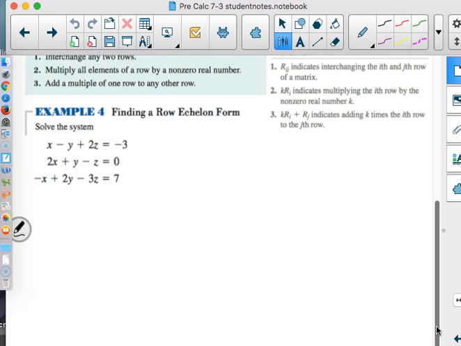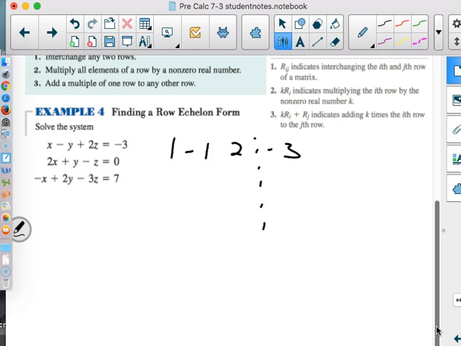So with this one, we're supposed to solve the system. And what we want to do is 1s across the diagonal and 0s for anything to the left and below. But we have to get ourselves a matrix before we can do that. And taking that matrix is just taking the x's and y's and z's out that we don't need. So we write our matrix as 1, -1, 2, -3.